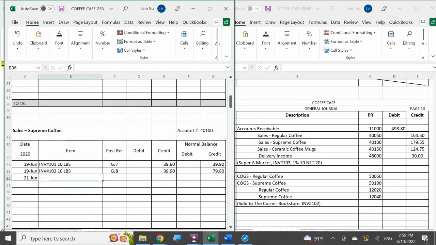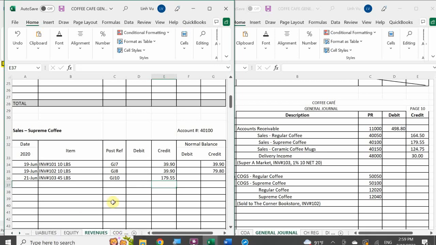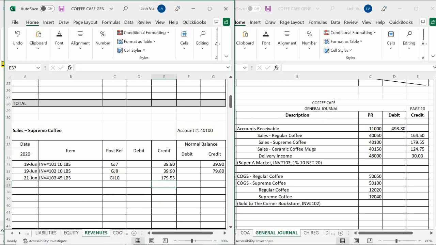And then Supreme Coffee, it's also invoice 103, and that one is 45 pounds. And then it's 179.55, and the total is 259.35. Yes.